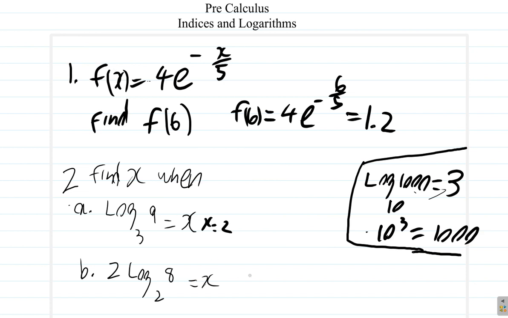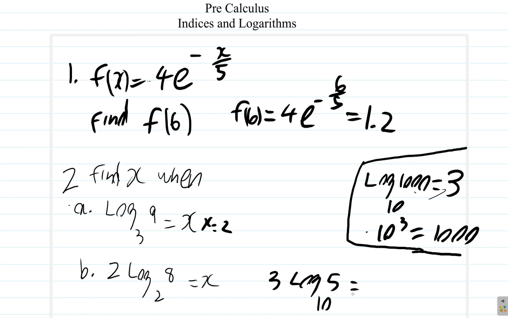Here now, we have 2 times log of 8 equal x and the base is 2. Now the thing is, remember, when you have a number times the log, it means the log of the number raised to that power. For example, suppose you say 3 log 5 and the base is 10.